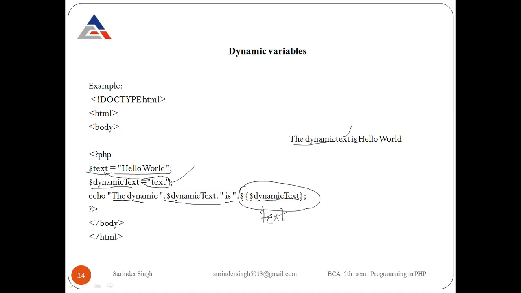And the outer dollar sign will be here, and this will return what this text is, hello world. Clear? And what is dynamic text? This, because this is resolved at runtime. So we can say these are dynamic variables or dynamic text.